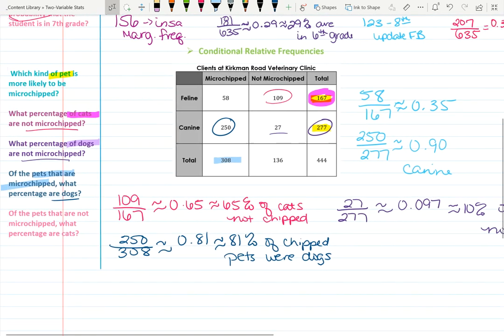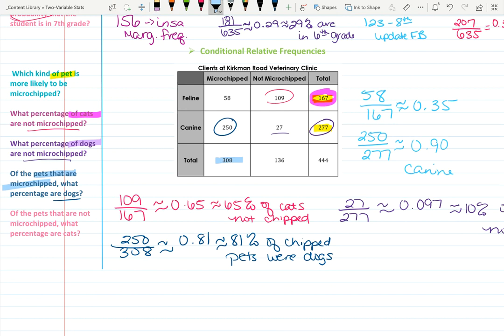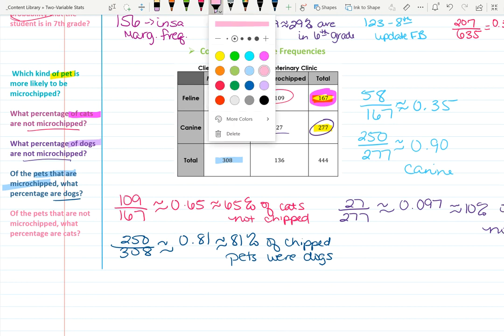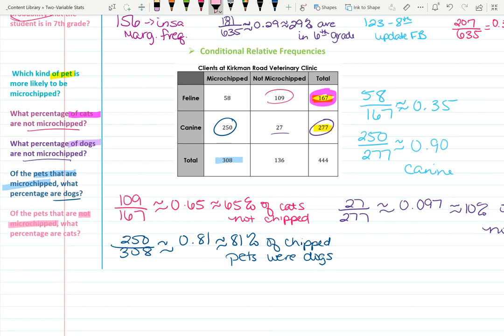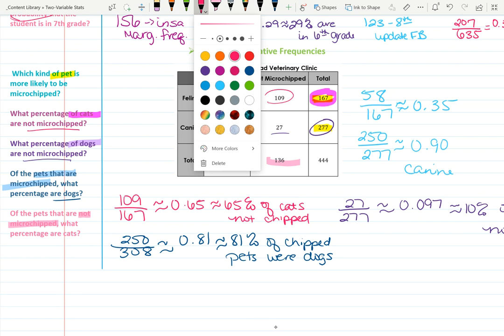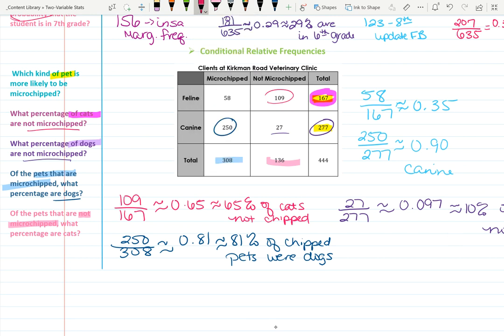All right, so of the pets that are not microchipped, so we're looking at a different category. So not microchipped. So of the 136 that are not microchipped, what percentage are cats?